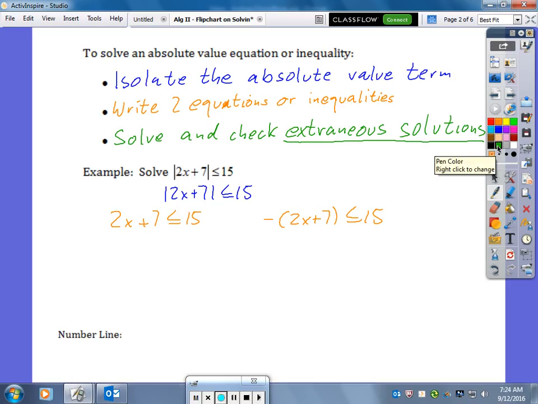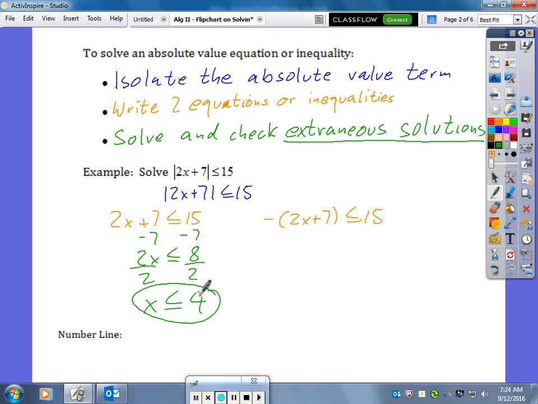And now let's go ahead and solve these two inequalities. Subtracting 7, we get 2x is less than or equal to 8. Divide by 2, and x is less than or equal to 4. On the other side, we need to remember to distribute the negative sign to both terms.